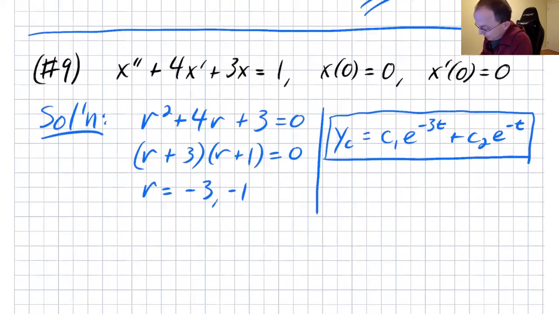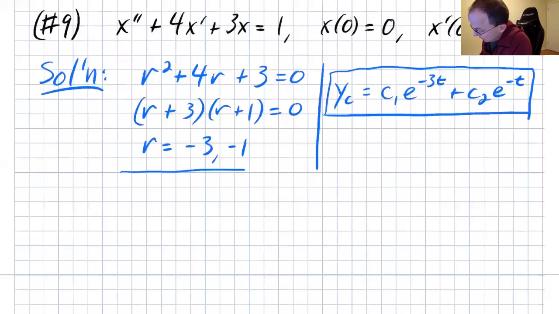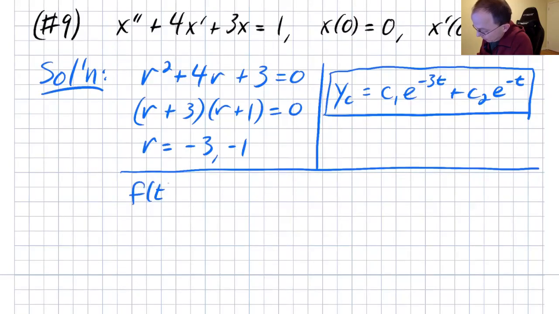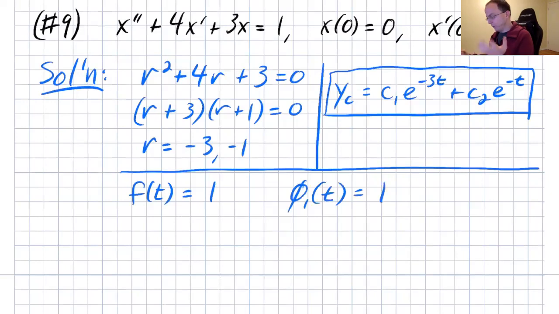Now we need to find our particular solution. So we have the function on the right is equal to 1, and if I take the derivative, I just get 0. So clearly the phi function that we're choosing is just going to be 1. That's the only term that appears in f and its derivatives.